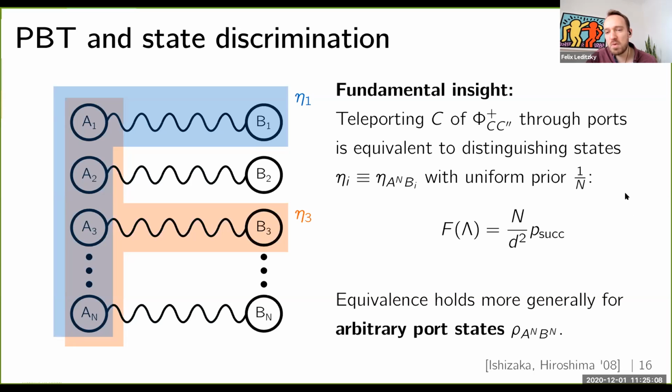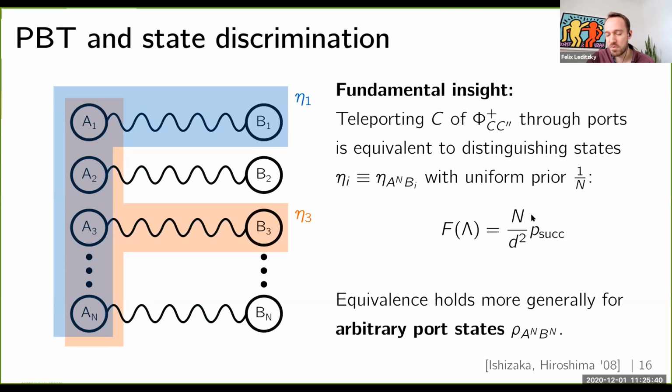And then we furthermore assume, like in a state discrimination problem, you always have a prior on your states. So you imagine that you draw the states with a certain probability, and then you try to detect the state. Here we assume that we have a uniform prior. So we have n states, so the uniform prior will be 1 over n for each state. And then Ishizaka and Hiroshima realized that the success probability in the state discrimination problem is proportional to the entanglement fidelity of the teleportation channel, lambda.